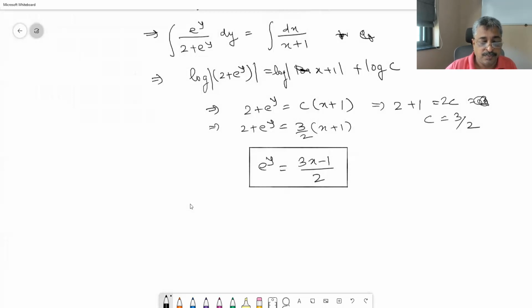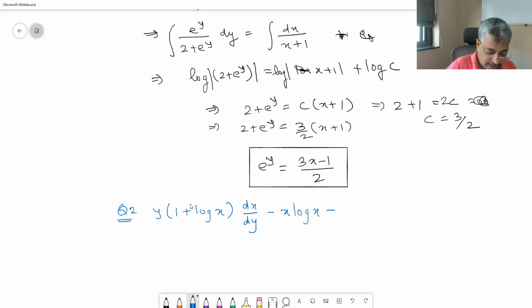Example number 2. y into bracket 1 plus log x dx by dy minus x log x is equal to 0. y is equal to e square when x is equal to e.